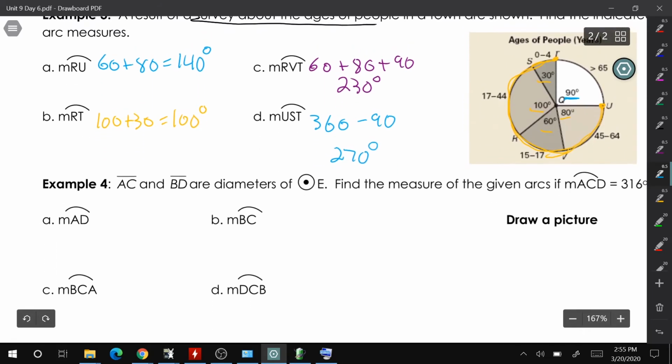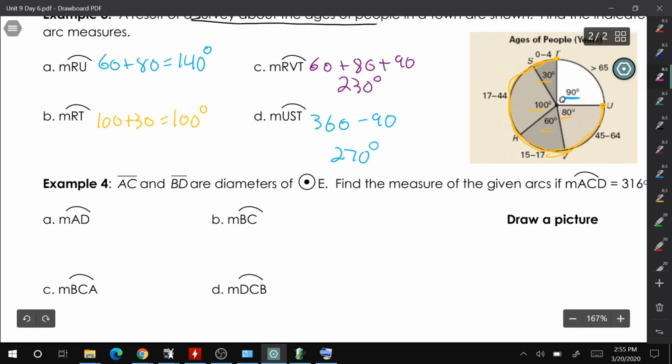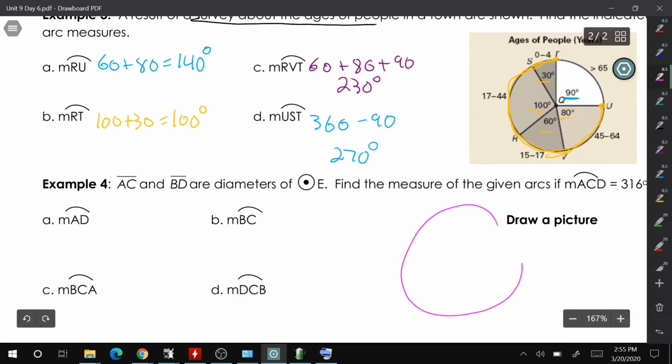Alright, now the last one, I'm going to draw the picture and then I'm going to have you guys try this on your own. So we're going to draw a picture, and it says we have E, and it says AC and BD are diameters.